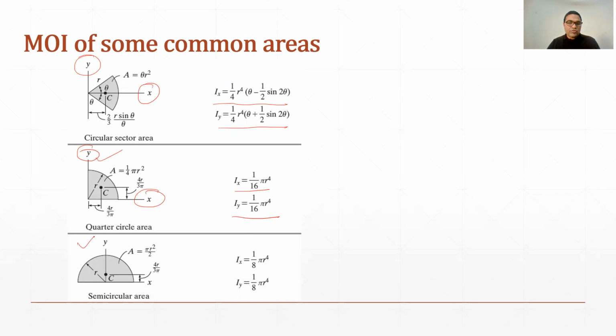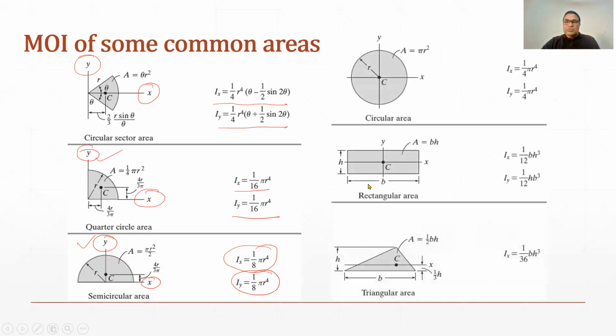For the semicircular area, the moment of inertia about the x-axis is this one, and about the y-axis is this one. For a circle, the moment of inertia about the x-axis and y-axis will be the same.